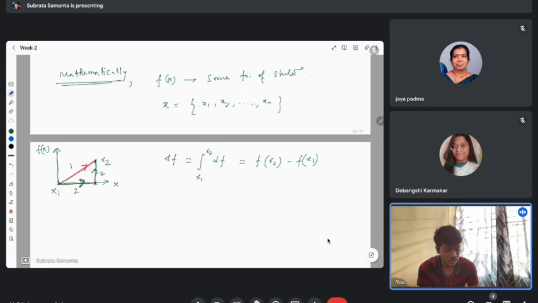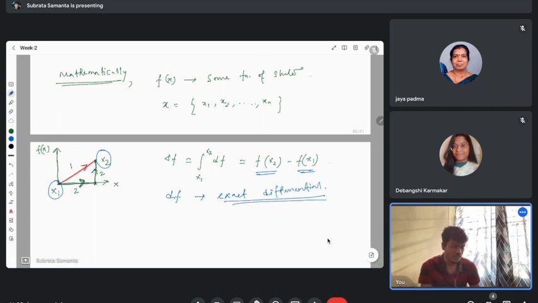It depends only on the end points, the value here and the value here, because f is a function of state. So this df is an exact differential. When we integrate, it only depends on the endpoints, and that is called the exact differential.